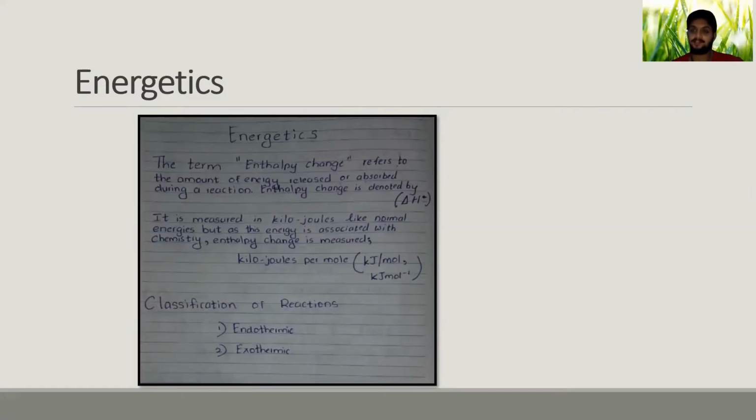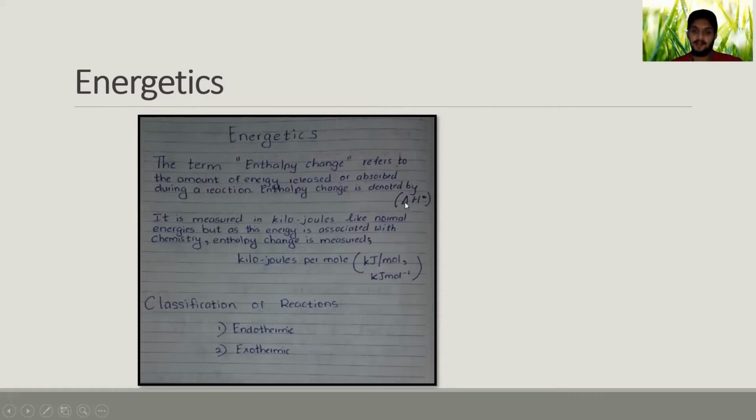So the energy change we refer to in chemistry is the enthalpy change. Basically, enthalpy change is none other than the amount of energy that is being absorbed or released during a chemical reaction.